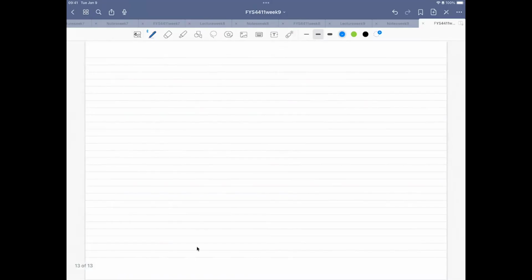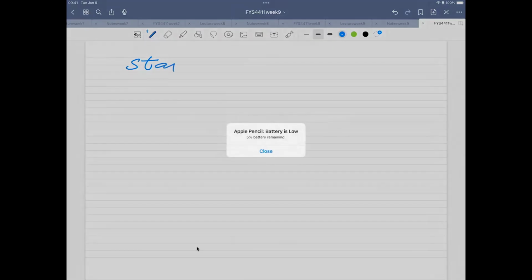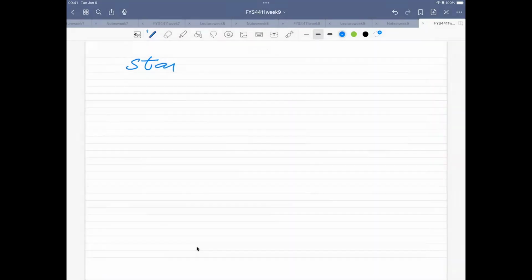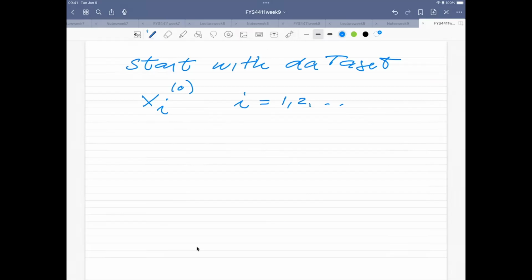What you would do now is start with a data set, where we have some x_i, so this is our full data set, and i runs from 1, 2, up to the total number of data. So this is data set 0.